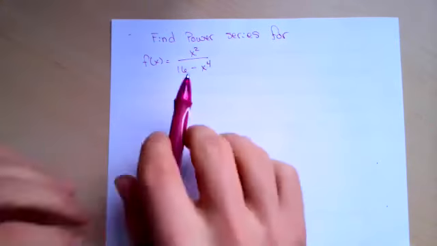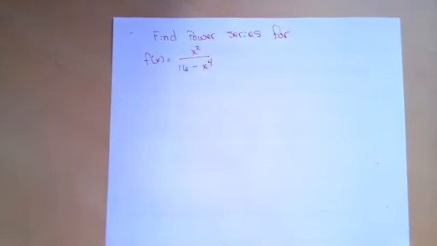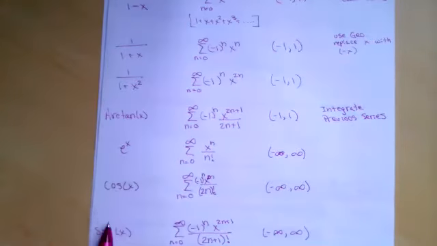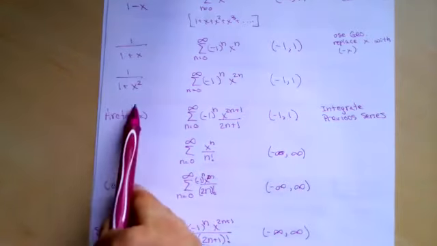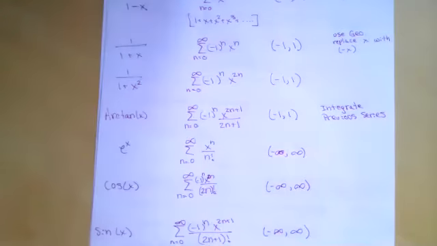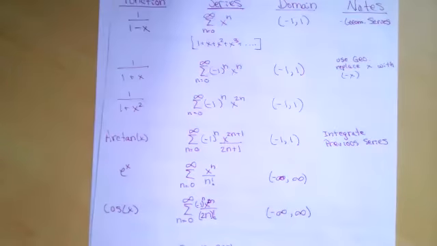So usually when you see the function, you kind of want to match it. Like, what does it look closely like? There's no exponentials, there's no sines or cosines or natural logs, so all of these we don't need. You want to be thinking I should be able to modify it to make it look like a geometric series.